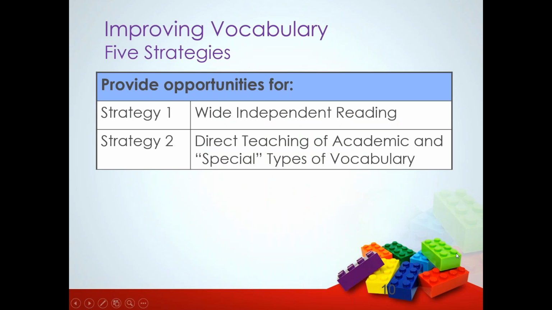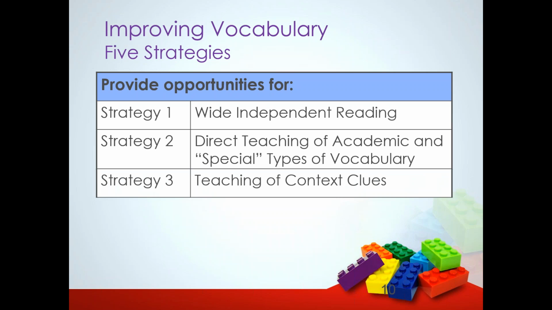So in part 1, we talked about wide independent reading as a strategy for improving vocabulary. And strategy number 2 was direct teaching of academic vocabulary and other special types of vocabulary. In today's session, we're going to be looking at teaching context clues as the third research-based proven strategy to help students become better vocabularians.